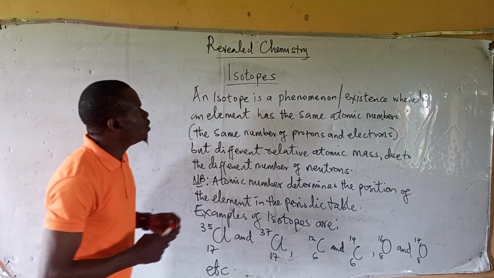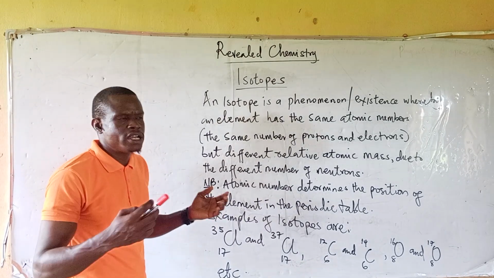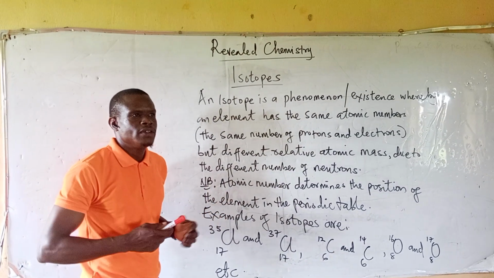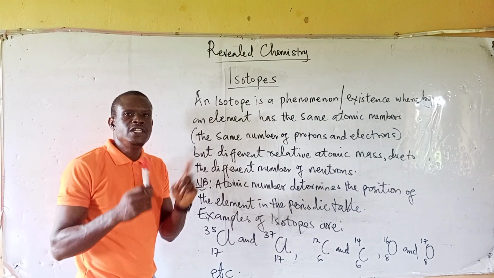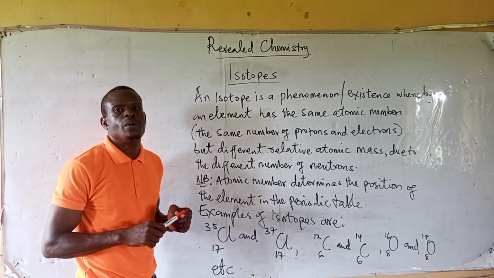But today we talk about isotopes. When you talk about isotopes, what comes to your mind is that there are some elements in the periodic table that have different mass numbers, but the same atomic number.